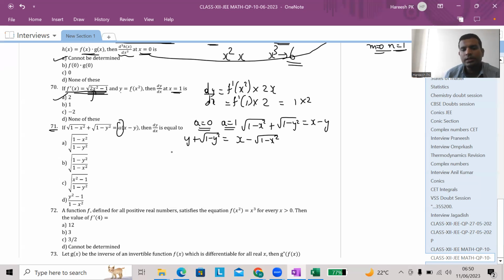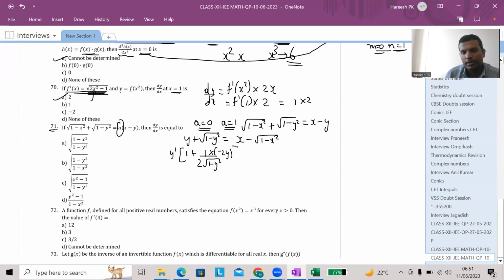So now when you differentiate, you'll get y dash into 1 plus 1 by 2 root 1 minus y square into minus 2y y dash.